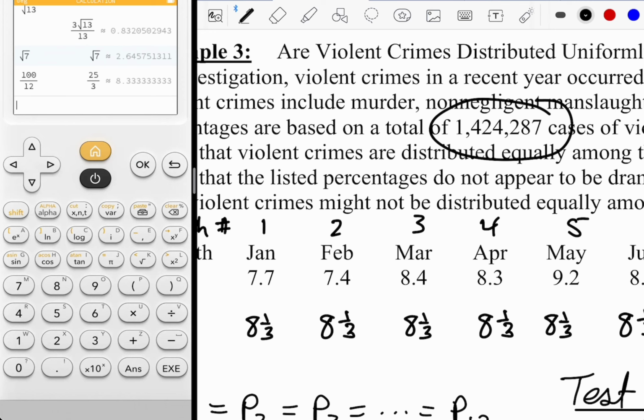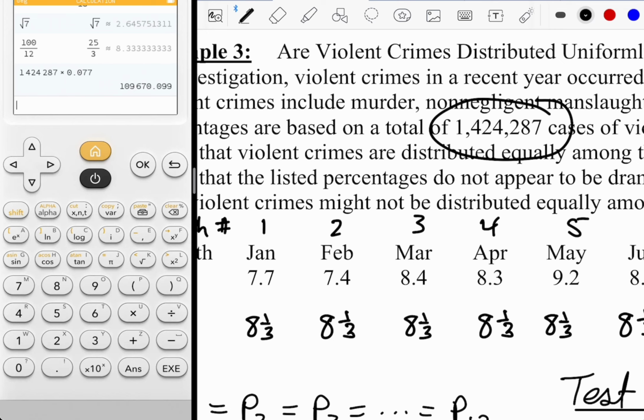So if I took the 1,424,287 and multiplied it by, this is 7.7%, so 0.077, that would be my count for January. And so whenever you scale up data, the differences between, in this case, observed and expected would be scaled up accordingly.